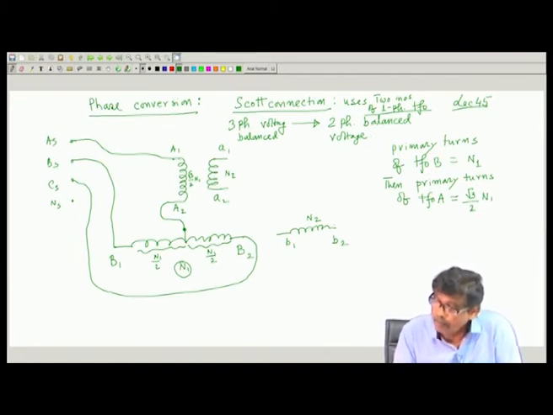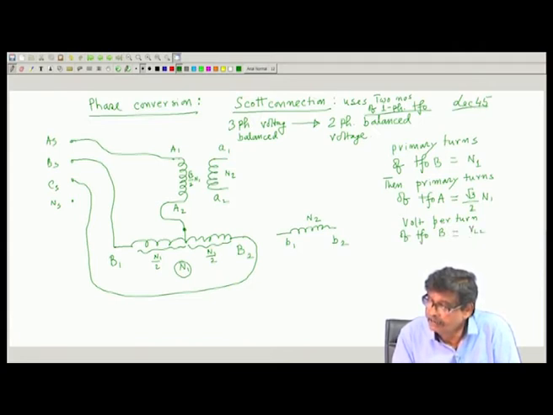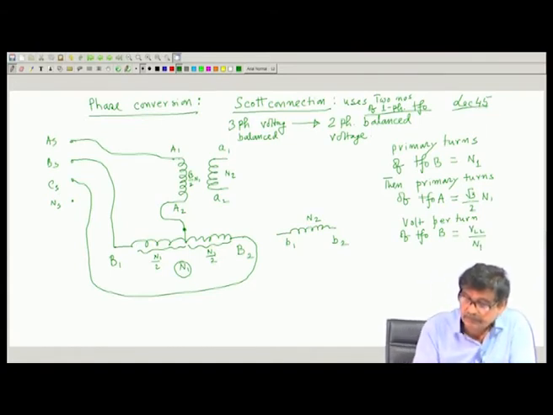So, volt per turn of transformer B is equal to V L L by N 1, total turns is N 1, V L L voltage per turn.